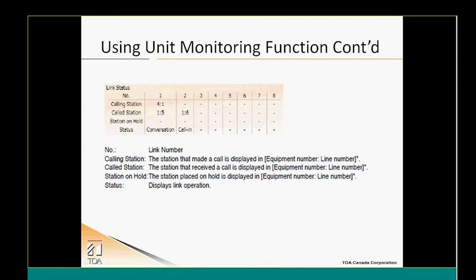The link status also indicates which station is placing the call, and the above shows station line 1 from equipment number 4 is placing a call to another station on line 5 by equipment number 5. The status shows what state the link is in, either in conversation or a call has been placed but not answered yet.